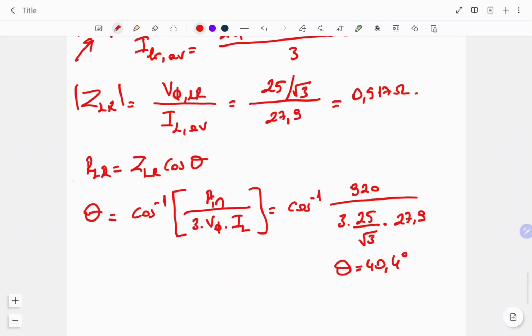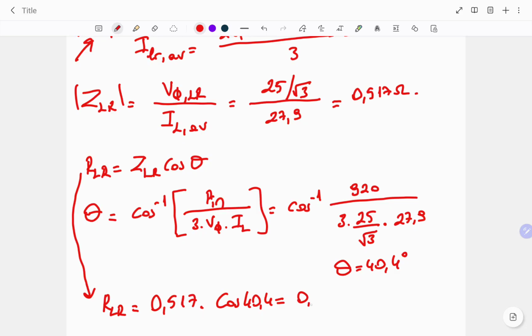So we can calculate the resistance. The blocked-rotor impedance value is 0.517 times the cosine of 40.4 degrees. 0.394 ohms will be the total resistance of the circuit, R1 plus R2.